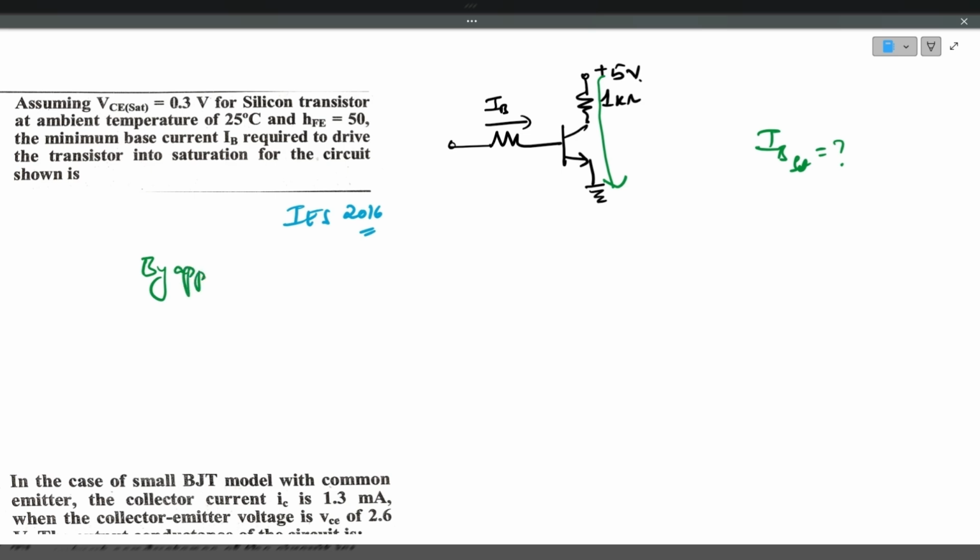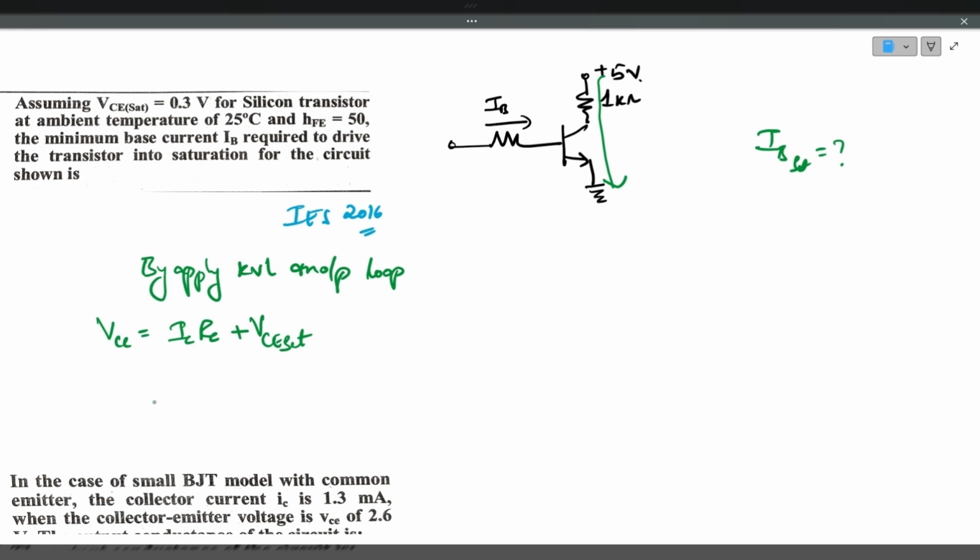by applying KVL in the output loop, we'll get the formula VCC is equal to IC RC plus VCE saturation. This is our formula. Now VCC is 5 volts.